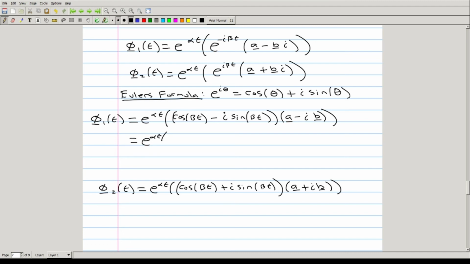By foiling out, phi1 will become cosine of beta t times a, this times this, plus sine of beta t times b, plus or minus i times cosine of beta t times b plus sine of beta t times a.